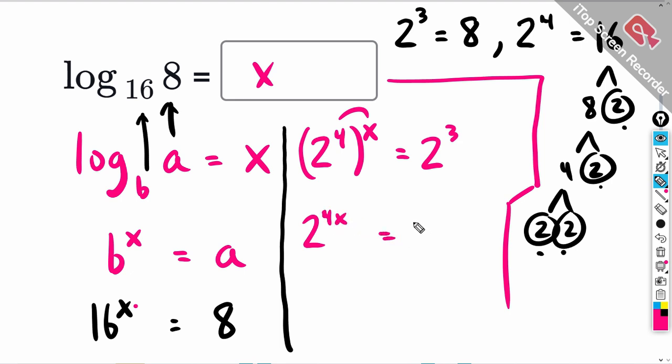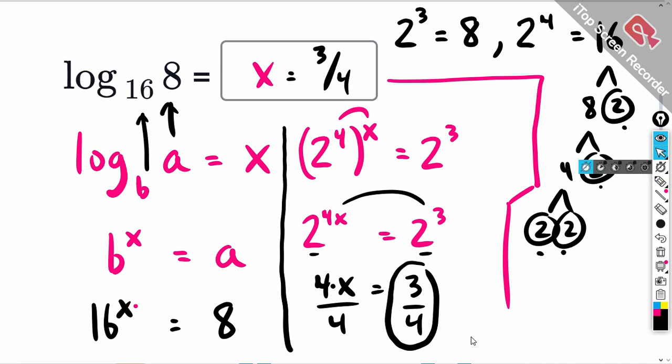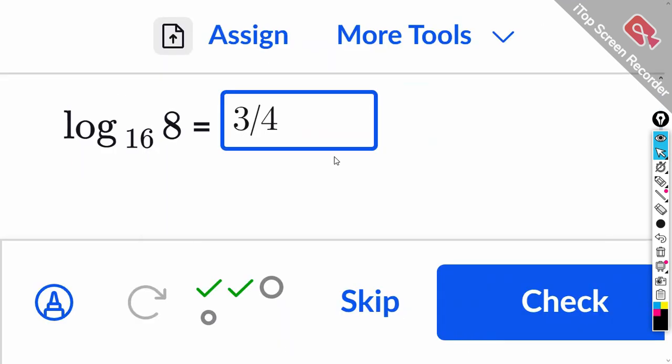So 2 to the 4x equals 2 to the 3rd. And now we have matching bases. 2 equals 2, so we can match the exponents: 4x equals 3. Solving for x, the opposite of times 4 is divided by 4. So x equals 3/4. All right, 3/4 right in the box.